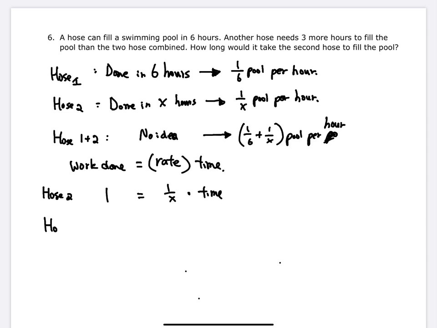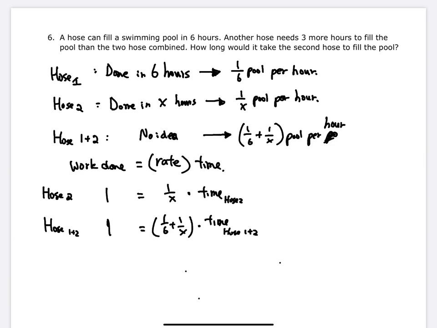Hose 1 plus 2 is also going to be one pool done equal the rate 1/6 plus 1/X multiplied by the time it takes for hose 1 and 2 together.